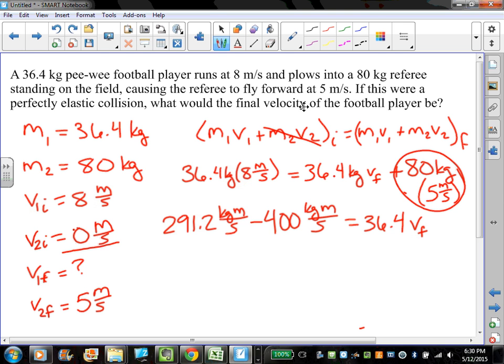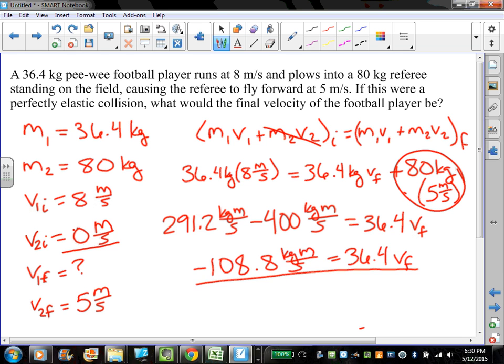So 291.2 minus 400 is going to equal negative, oh man, 108.8 kilogram meters per second, which is equal to this 36.4 VF.